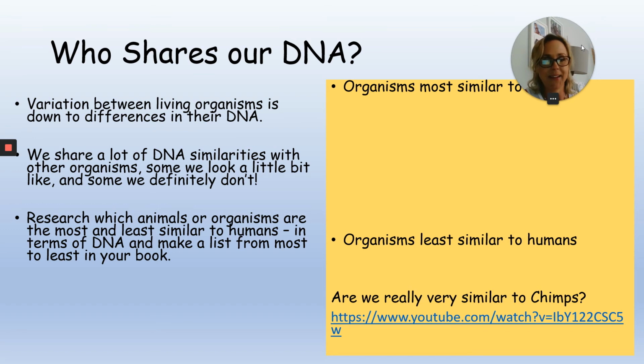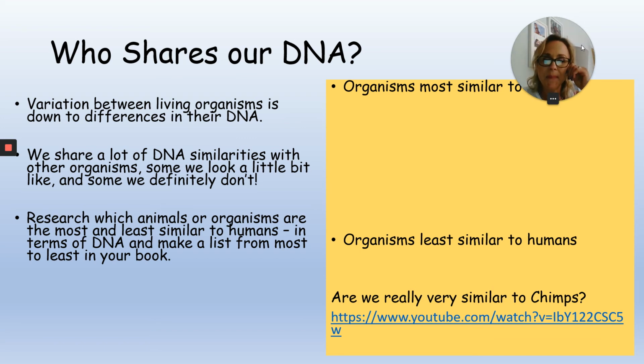We share DNA with all other organisms. The difference is the sequence that is contained in the DNA. Gene sequences between organisms may be quite similar, but it's the sum collection of all of them that makes us either very similar or very different.